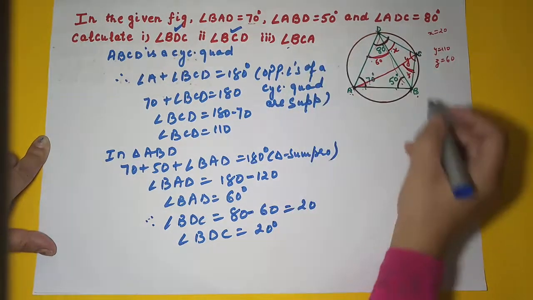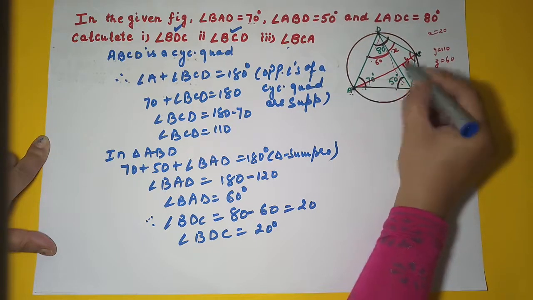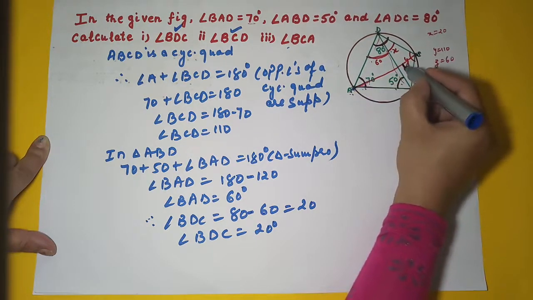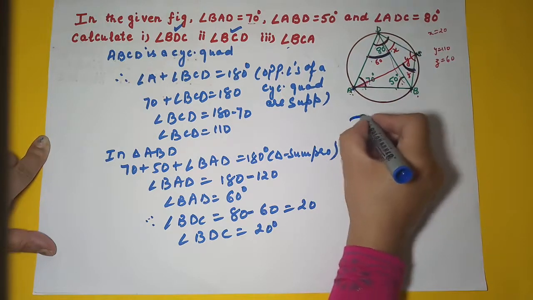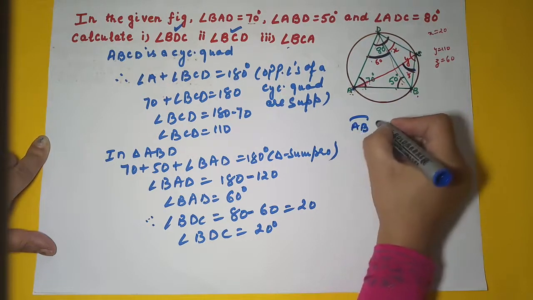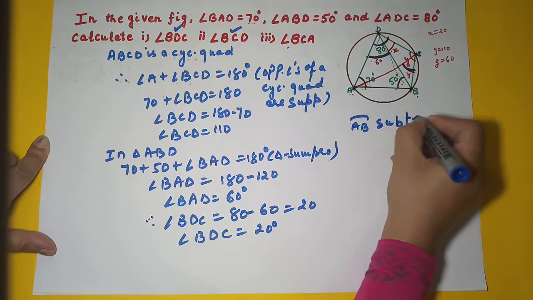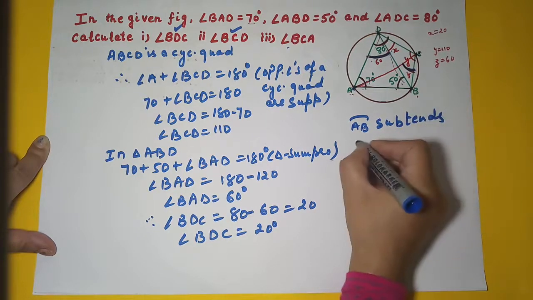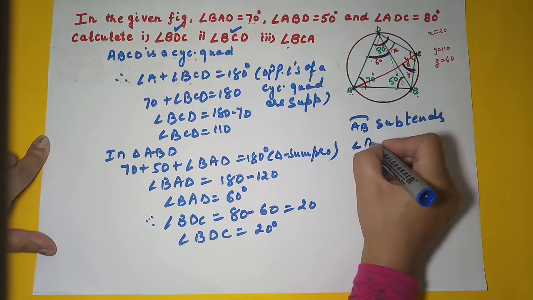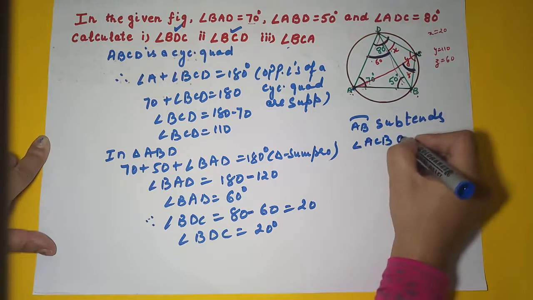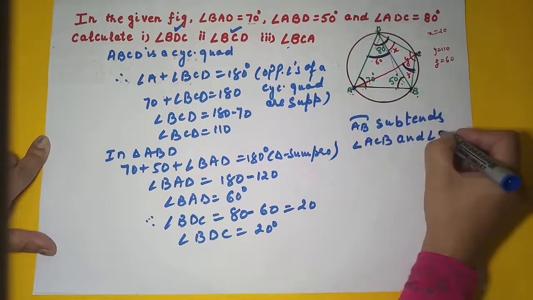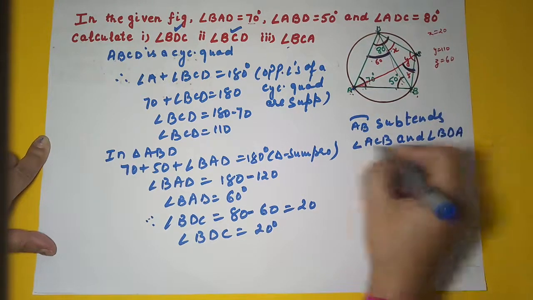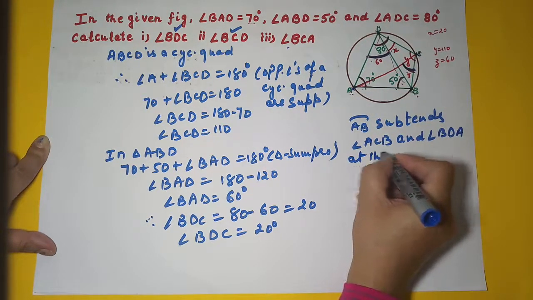Now, BCA. BCA, which we have already joined. This is equal to this angle. So we can say that arc AB subtends angle ACB and angle BDA at the circumference.